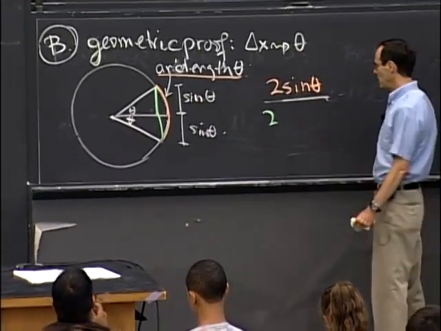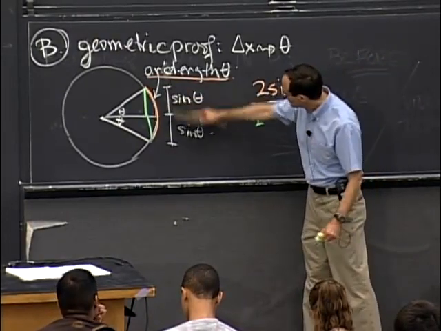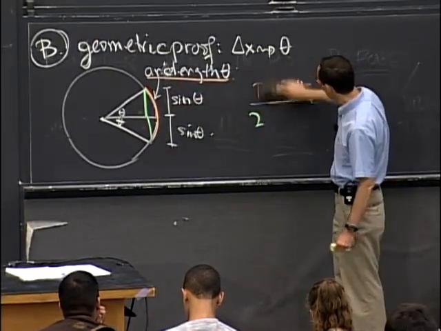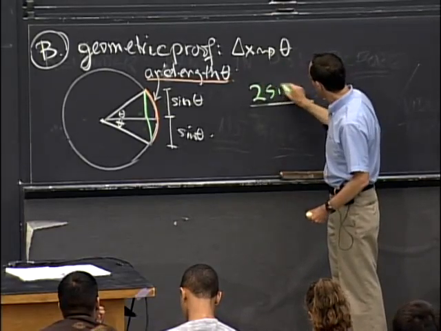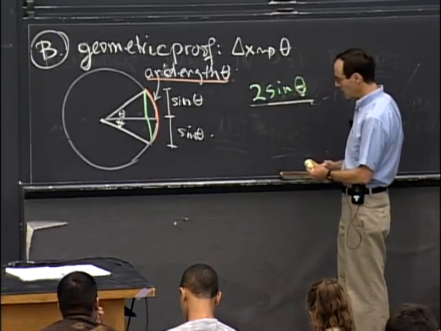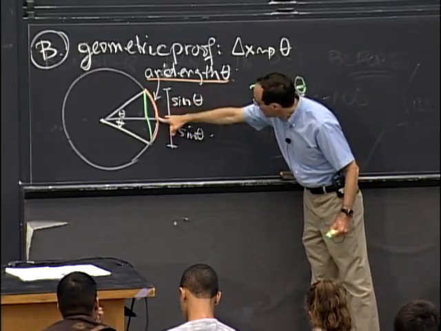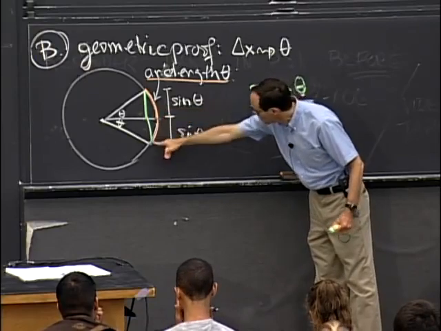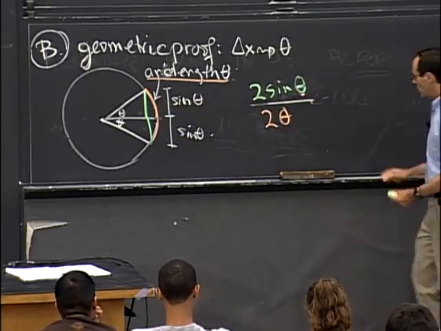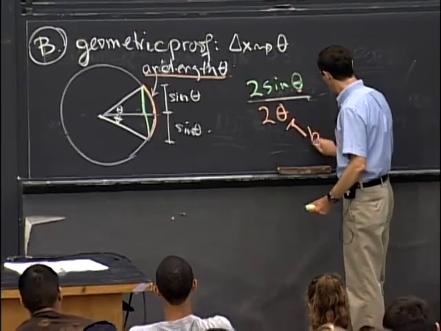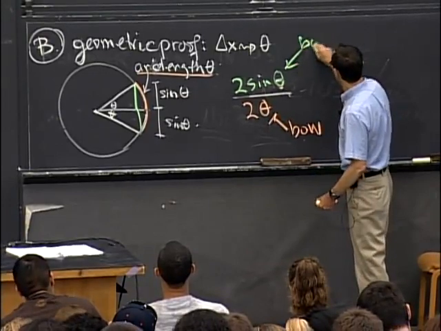Trying to be fancy with the colored chalk, and I have it reversed here. So this is not 2 sine theta. 2 sine theta is the vertical, that's the green. So let's try that again. This is 2 sine theta. All right. And then in the denominator, I have the arc length, which is theta for the first half, and so double it is 2 theta. All right. So if you like, this is the bow, and up here we have the bowstring.